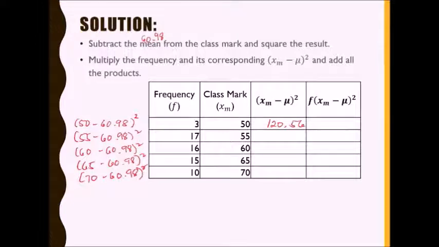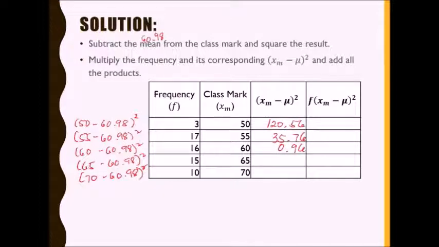Let me complete the table first. 55 minus 60.98 squared is 35.76. Then for 60, it is 0.96.